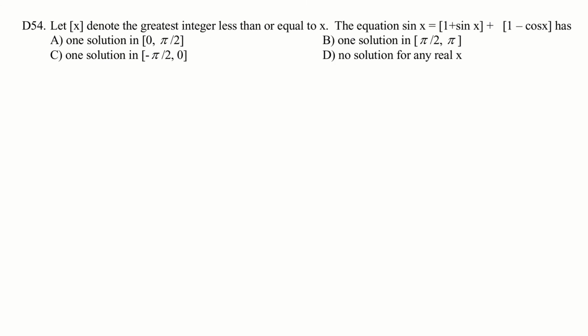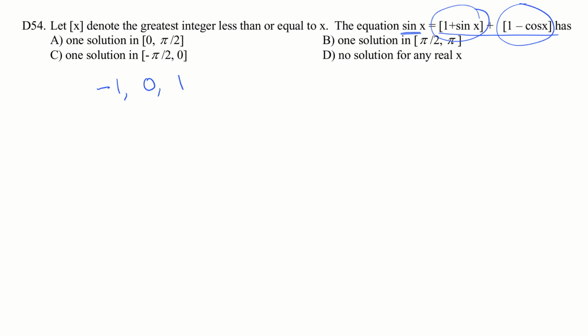In this problem, observe that RHS is an integer. Integral part, integral part. Therefore, it is an integer. Therefore, LHS must be an integer for the equation to have a solution. We know that the integral values sin x can take are minus 1, 0, 1.